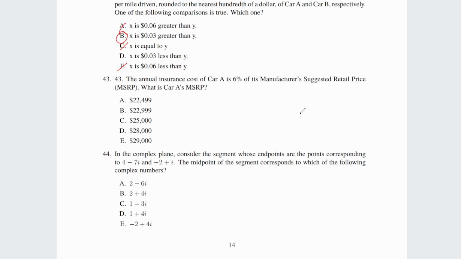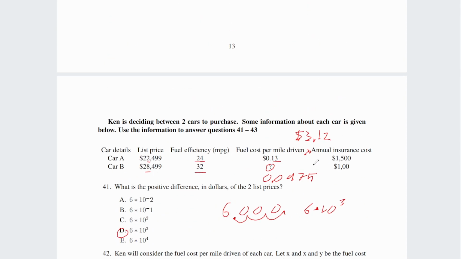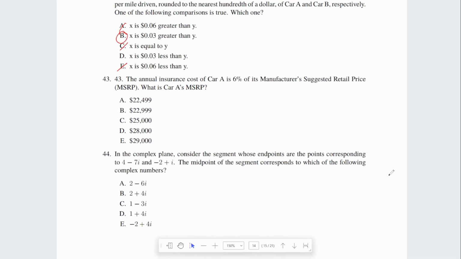Question 43 asks, the annual insurance cost of car A is 6% of its manufacturer's suggested retail price, MSRP. What is car A's MSRP? And for this, we need to know what the insurance cost of car A is, which is $1,500. So 6% of its MSRP, in other words, MSRP times 0.06 equals $1,500.